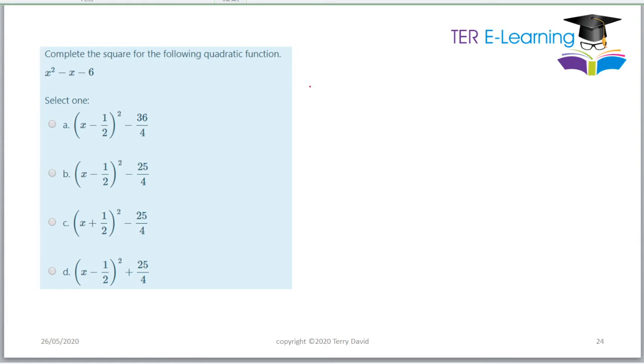What they will do in the exam is typically ask you to write it in the form a(x plus h) squared plus k, and what we have to do is figure out what a is, what h is, and what k is, right?